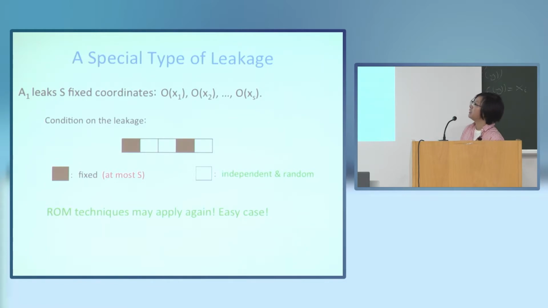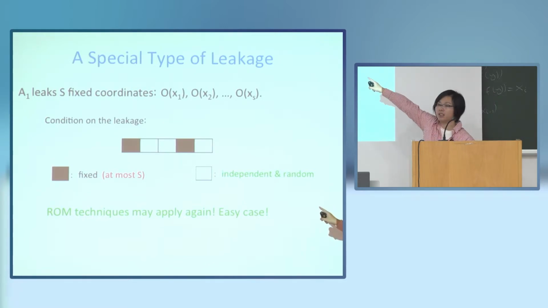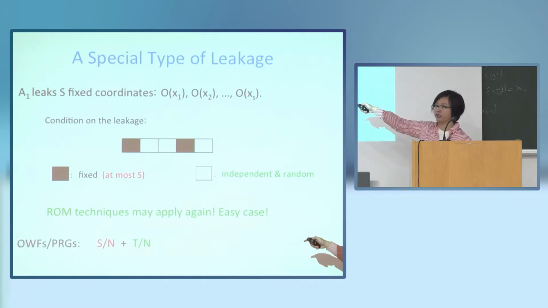In particular, if we want to analyze a one-way function and a pseudo-random generator with respect to this function, the extra thing we need to pay for is when we pick a random preimage and the preimage falls into the black entries. There are only S of them, so you get S over N. And T over N is the standard random oracle security. So it's very easy to prove bounds for this simple leakage.